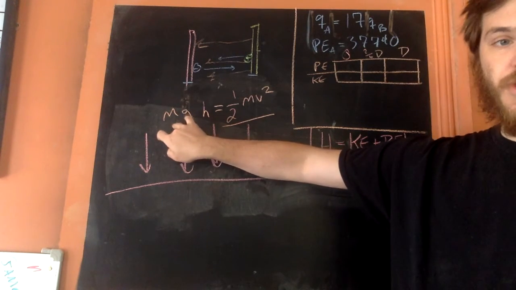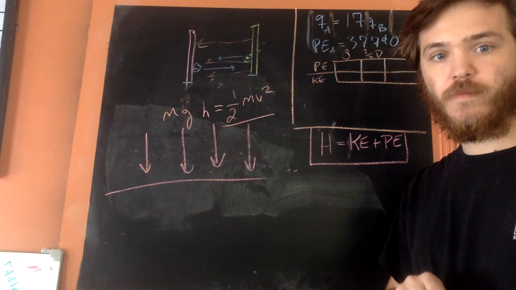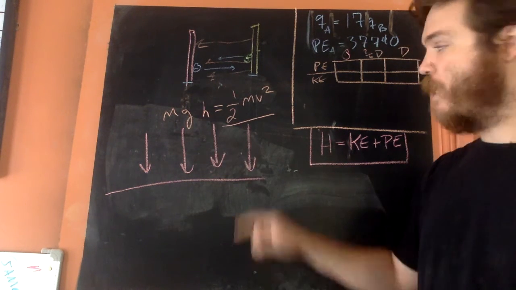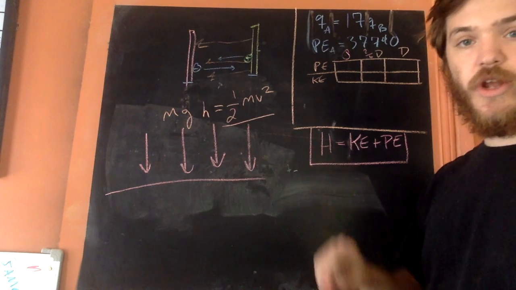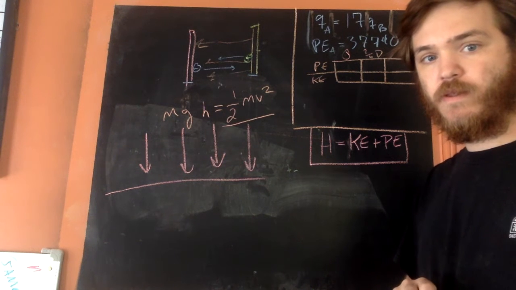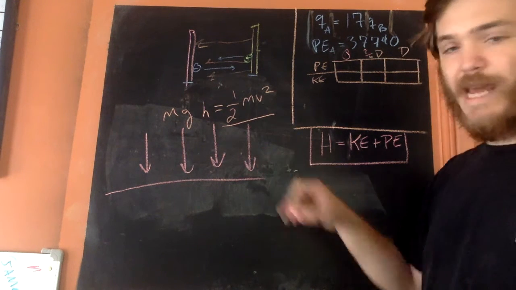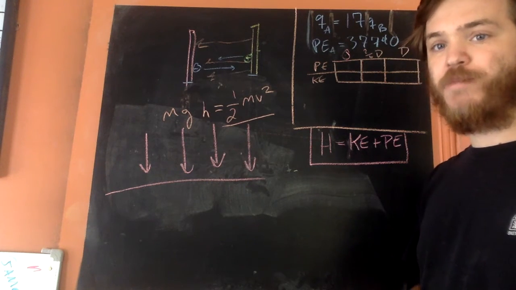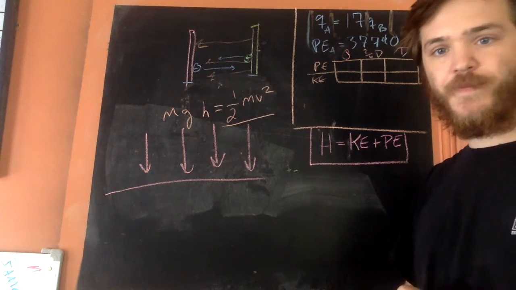That's where this is actually derived from. The h part tells us the change in the potential energy as we go through a height h. And that change in potential energy must then come out as kinetic energy.